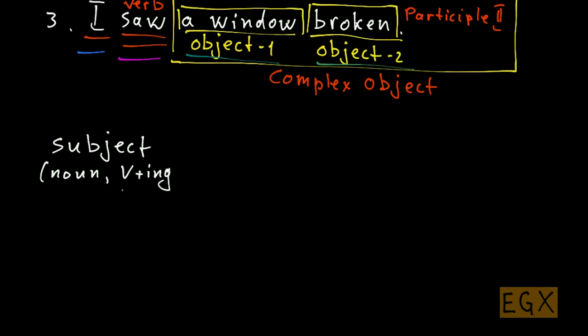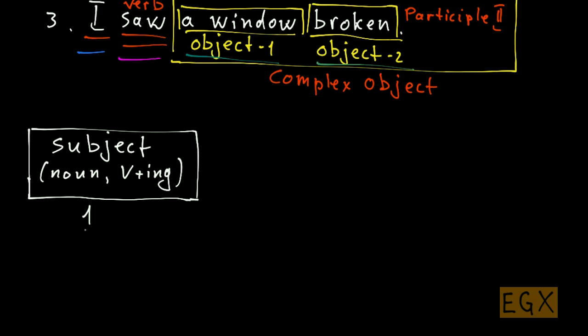It can be everything. It can even be a clause. It doesn't matter. Anyway, it is the main character of my sentence. Well, this is the first place. The second place, I need verb. I need some verb, of course, because my subject has to do something. This is the second place.